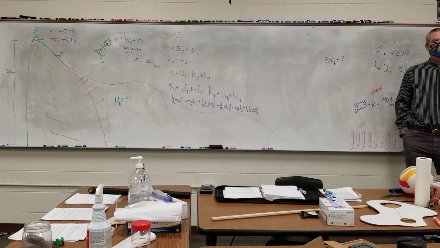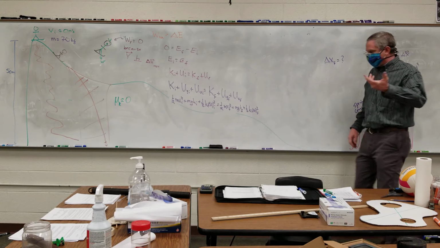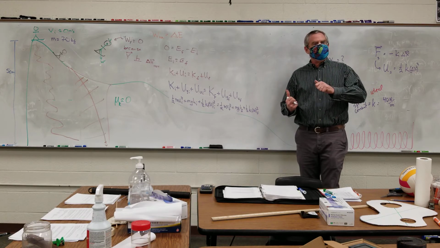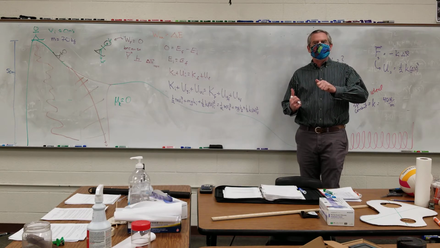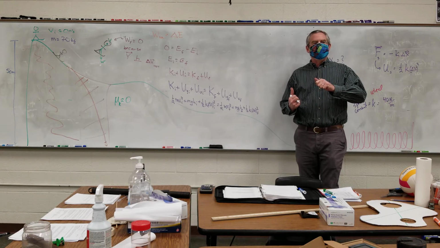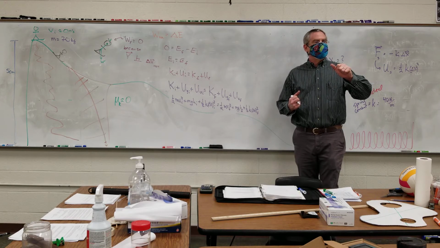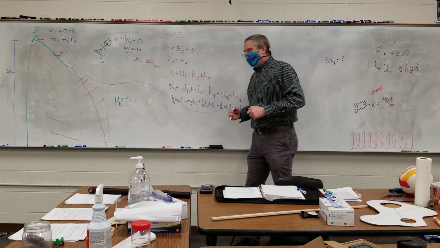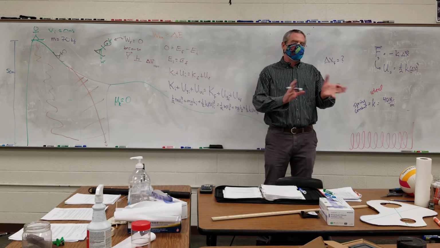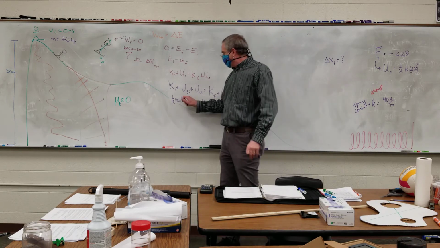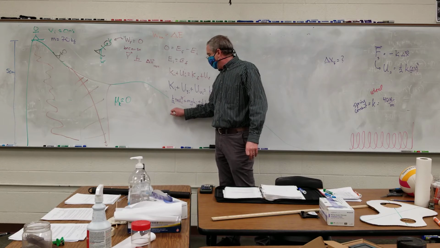Initial speed. Velocity is correct, but speed, again, trying to emphasize the fact that we're not dealing with vectors here. So this is 0 because the initial speed is 0.